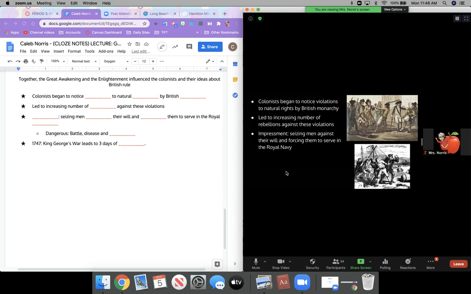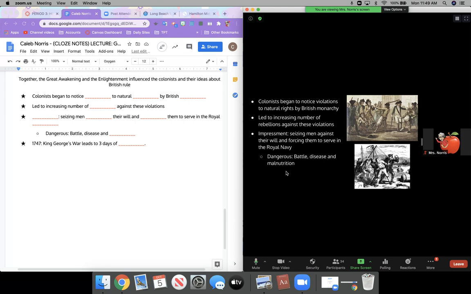And impressment is when they would seize men, so men who were living along the eastern coast of the colonies, they were being taken against their will, and they were being forced to serve in the Royal Navy. And living on these ships was incredibly dangerous, not just because of battle, not just because there was disease all over these ships, but also there wasn't proper nutrition. They weren't being fed, right?